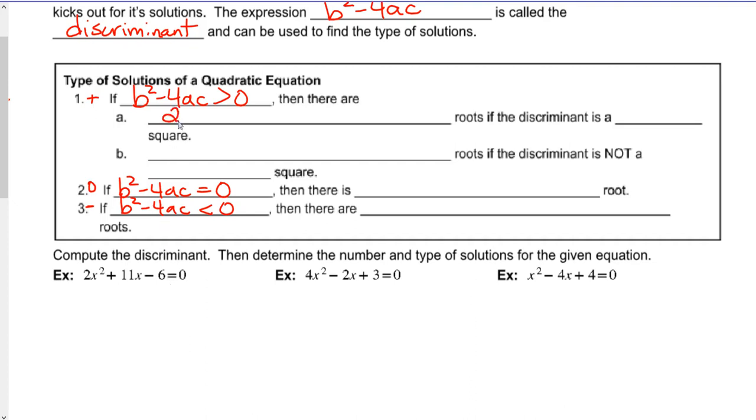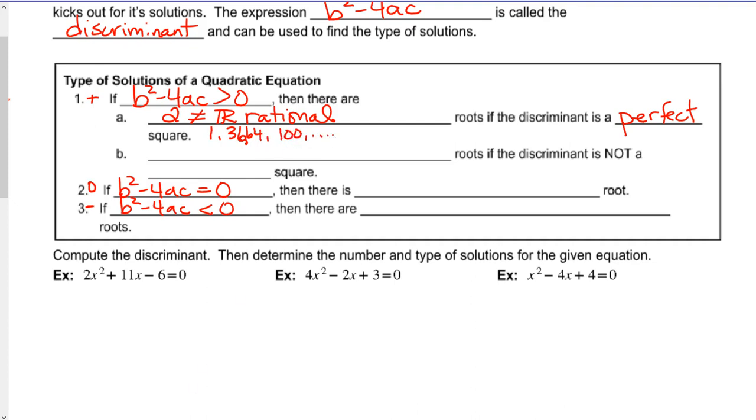We are going to have 2 unequal real rational roots if the discriminant is a perfect square. So the number I kick out could be 1, 36, 64, 100.